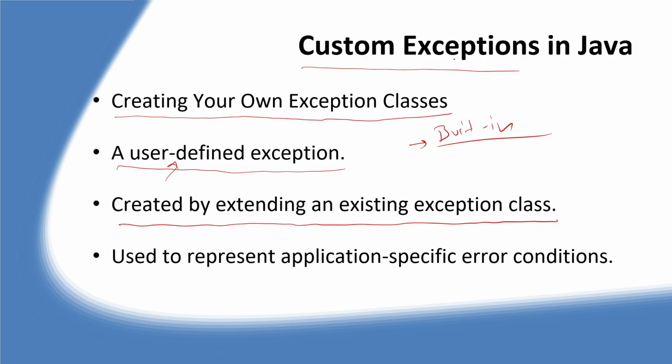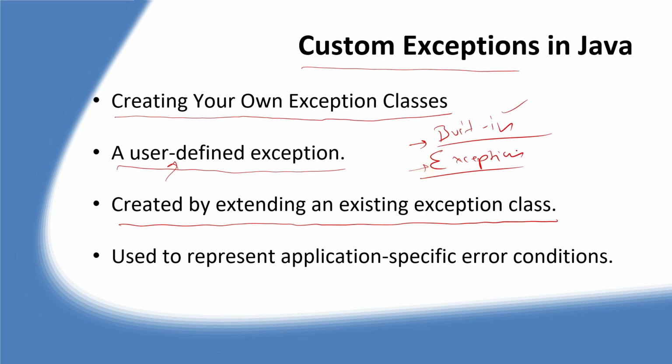So we have a list of built-in exception classes, right? It can be Exception. So let's say we have Exception as the parent class in the exception class hierarchy we have seen. We can create a custom exception using this Exception as a parent class.